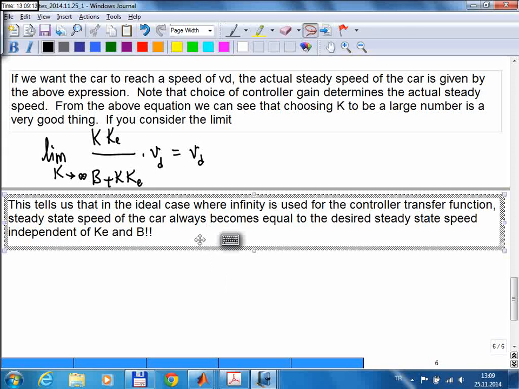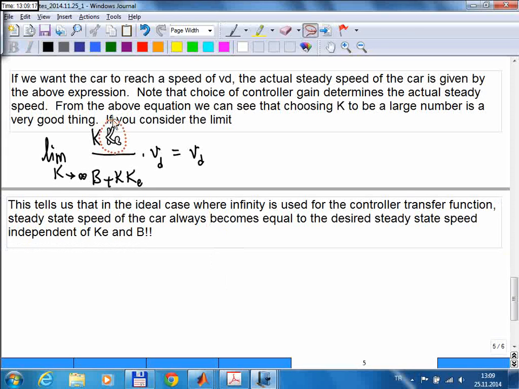So obviously this is a very good thing, because yesterday we saw that if the engine constant KE is less than the engine constant that we use for the controller, then that directly affected the steady state speed of the car when we used open loop control. Right?